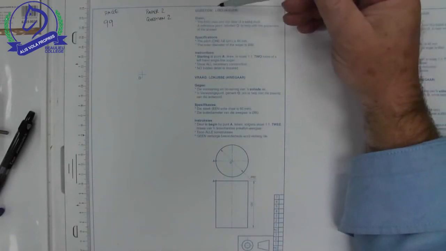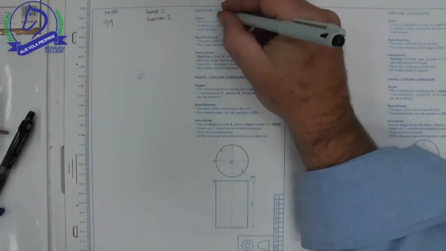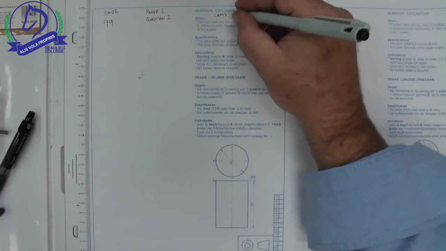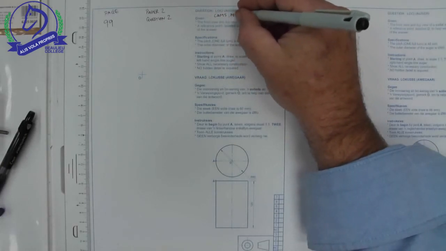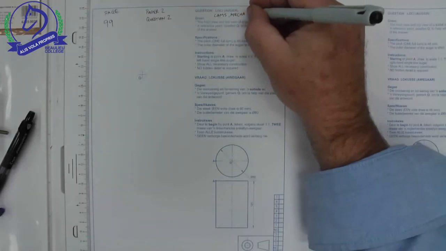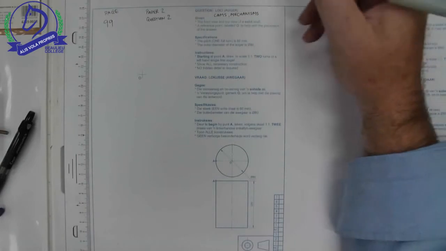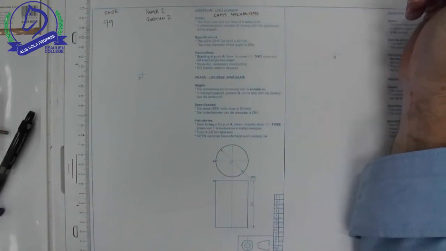The other type of Loci that you get are cams and something you'll learn next year called mechanisms. Those fall under the heading of Loci.